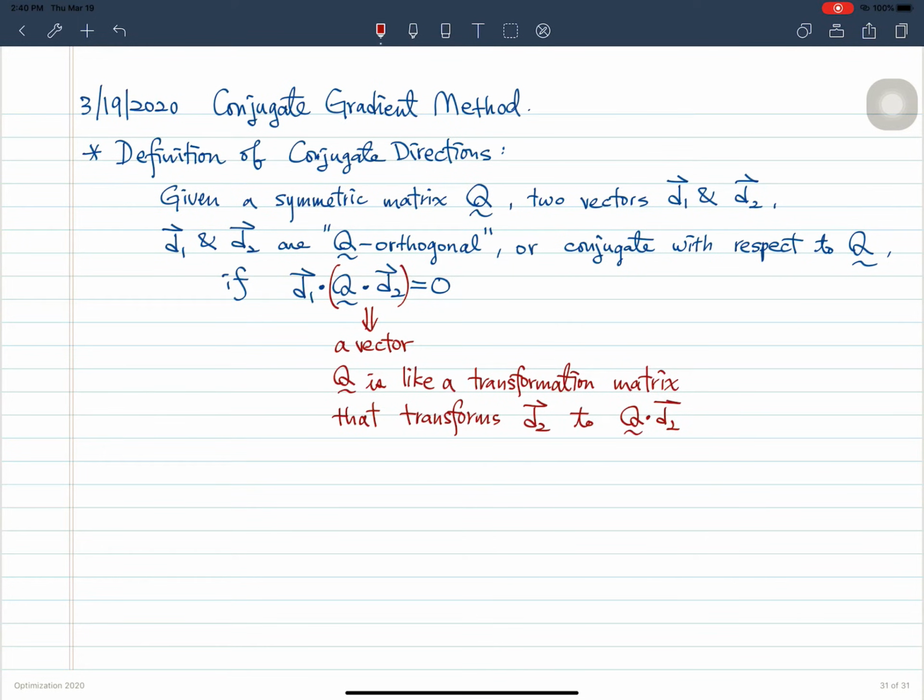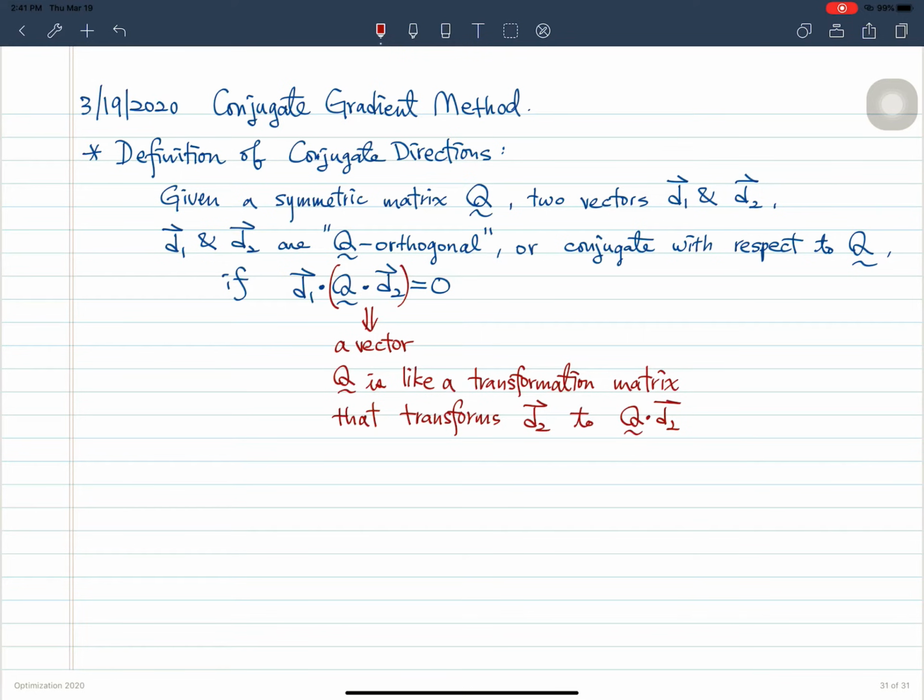So Q is like a rotation matrix. It rotates D2, converting D2 to a new direction. And when D1 and this resultant vector have a dot product equal to 0, that means D1 is perpendicular to this transformed vector. So we say D1 and D2 are Q orthogonal. Q represents some kind of transformation. Okay, so this is very important.